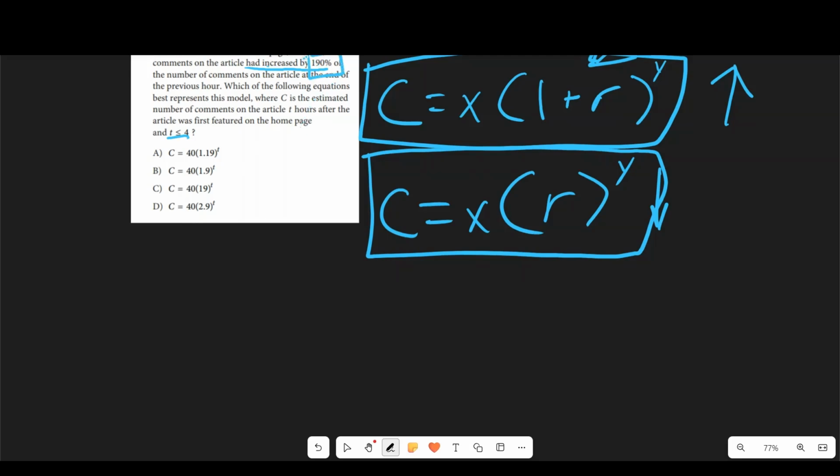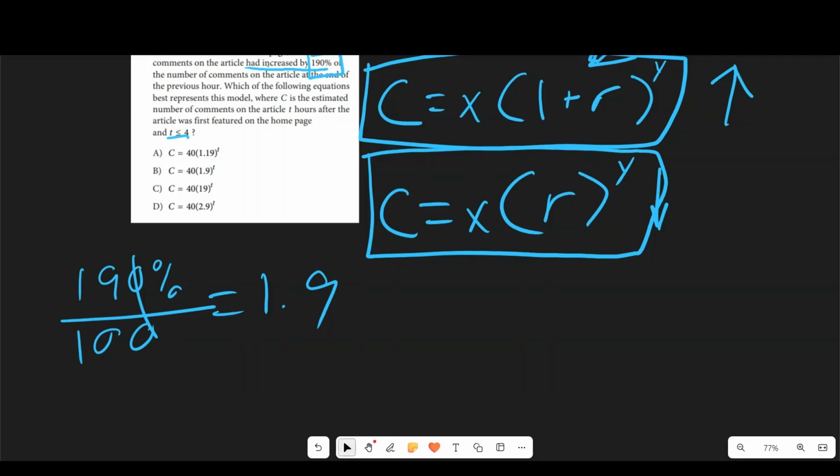They told us it's increasing by 90%. How could we write 90% as a decimal? Very easily, we can just divide it by 100, because that's how percents work. So we just divide that by 100, cross those out. 9 divided by 10 is going to be 0.9.